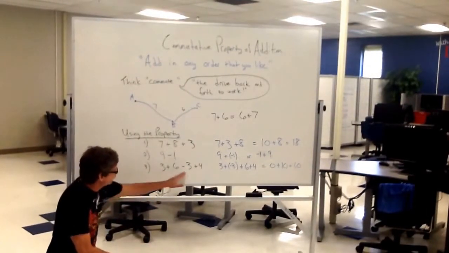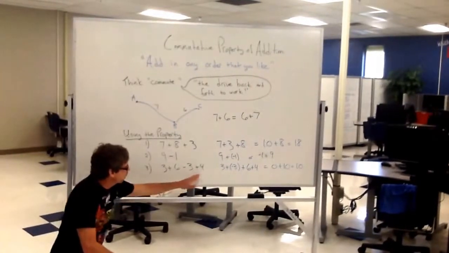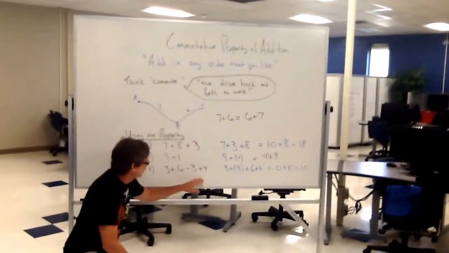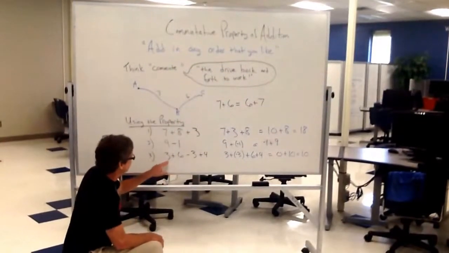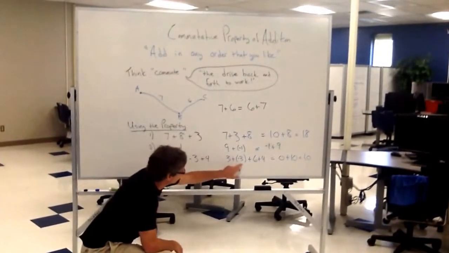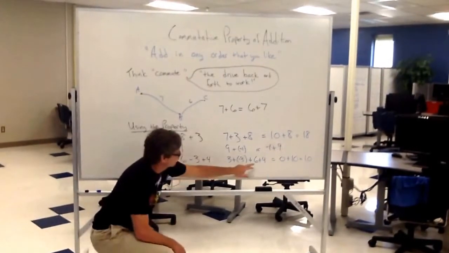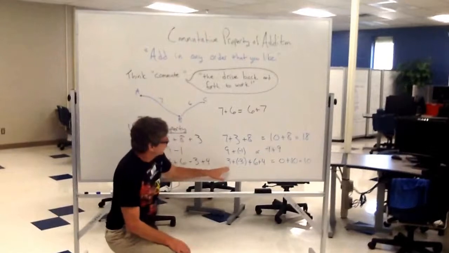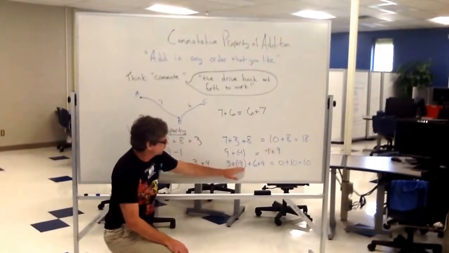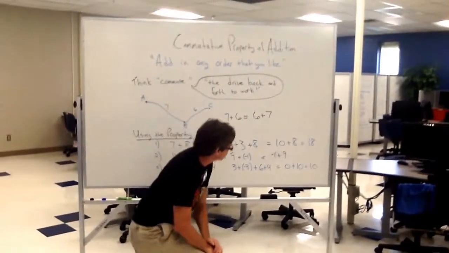If you see this as 4 terms added together, I'm allowed to change the order of these numbers. What's very powerful is the 3 and the negative 3 are better acquainted with each other, so I can put those together. And also the 6 and 4 go together better. So we know that a 3 and a negative 3 are going to zero out. 6 plus 4 would in turn give me my 10.